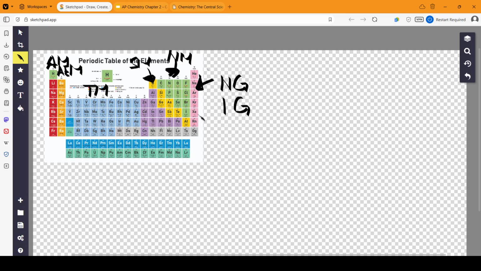But it's important to understand each individual family, group of elements. There's also names right here, but they're not that important. Like the oxygen group is called chalcogens. This is called halogens. And I'm not really sure what these are called, but they're just all grouped like this.